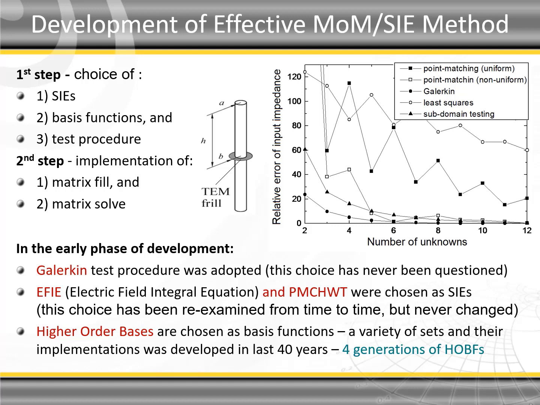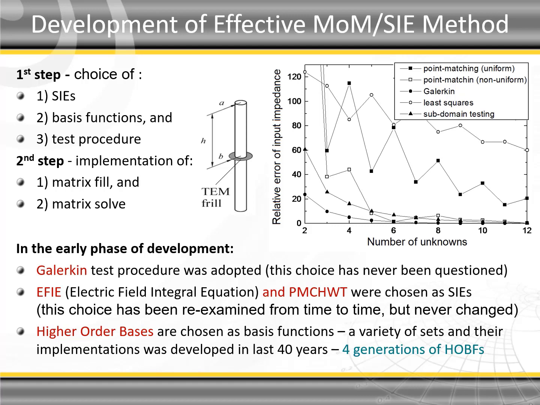The experience of other authors is practically the same as ours, as shown in the example. The graph shows relative error in percent of a half-wave dipole antenna versus order of current expansion for various test procedures. It is seen that Galerkin testing provides faster convergence of results than other test procedures.